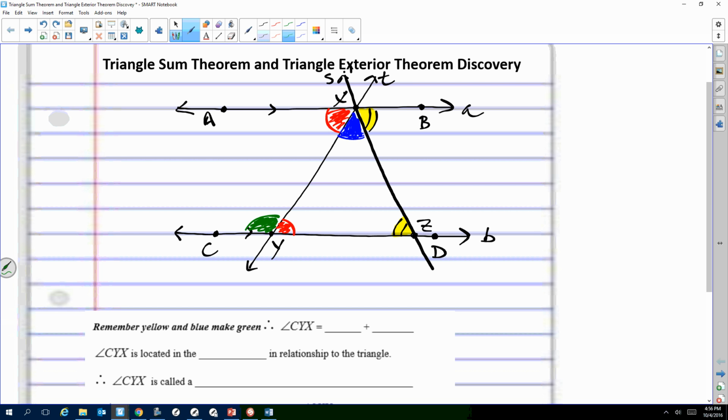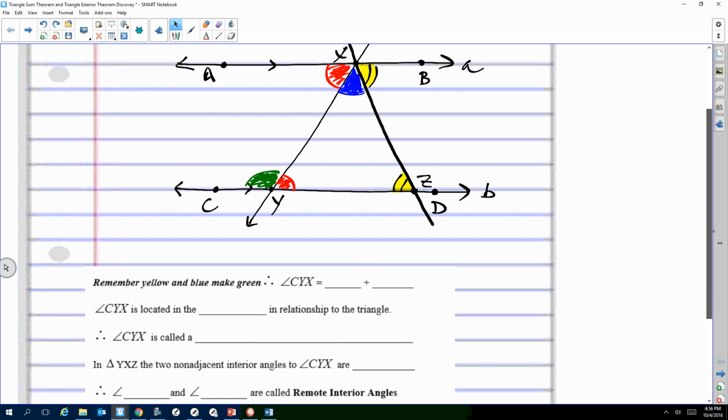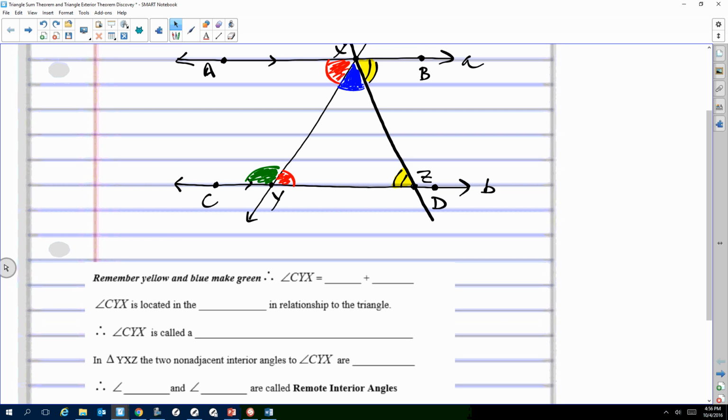All right. So I needed you to fill in the blanks in relationship to what we have just created with our alternate interior angles, parallel lines, and with our color scheme. So I want you to remember that yellow and blue make green. So therefore, CYX, which was our green, would equal a yellow and a blue. So the yellow and blue I could pick would be BXZ, and another blue, which would be YXD.